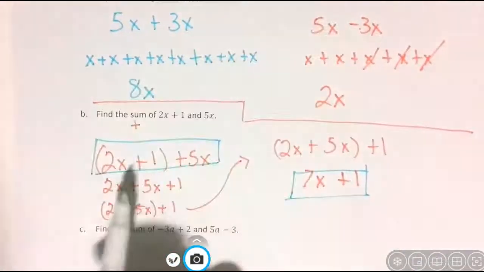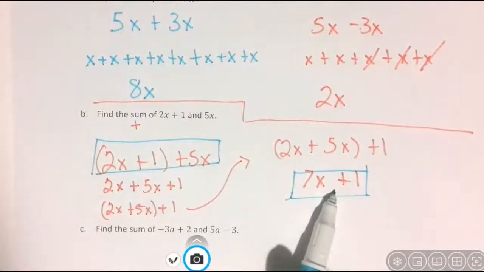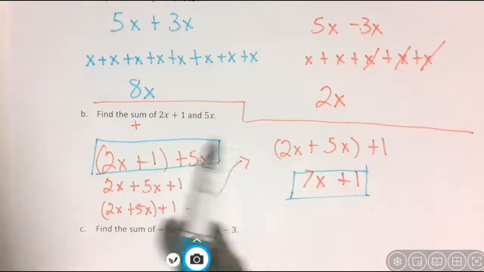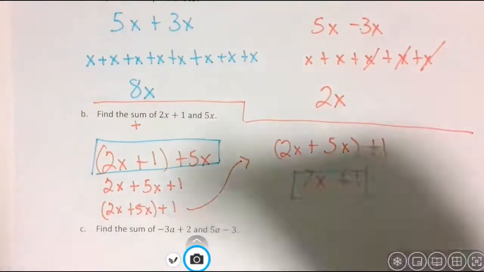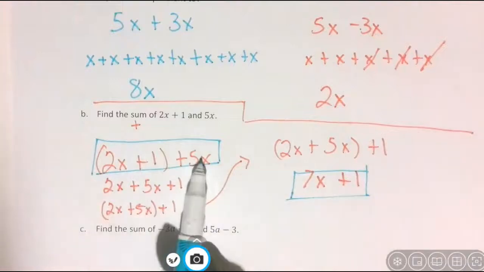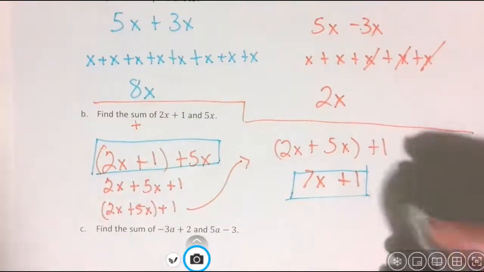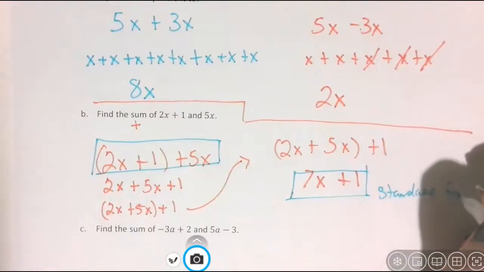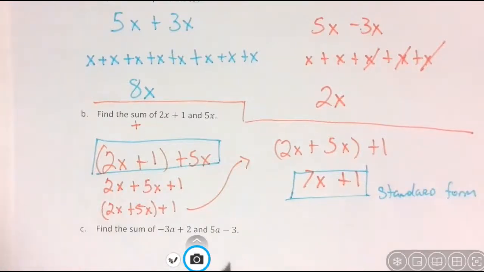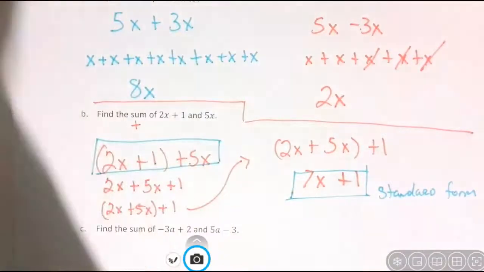It's equal to this. This and this represent the same amount. They look different, but they represent the same amount. They're in different forms. This is more expanded and this is more standard. This is standard form. So let's move on to the next question.